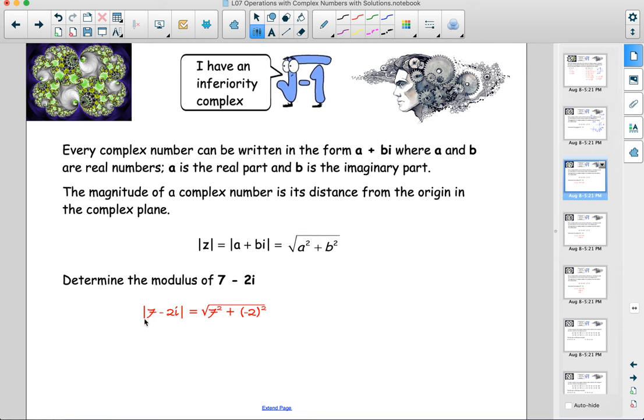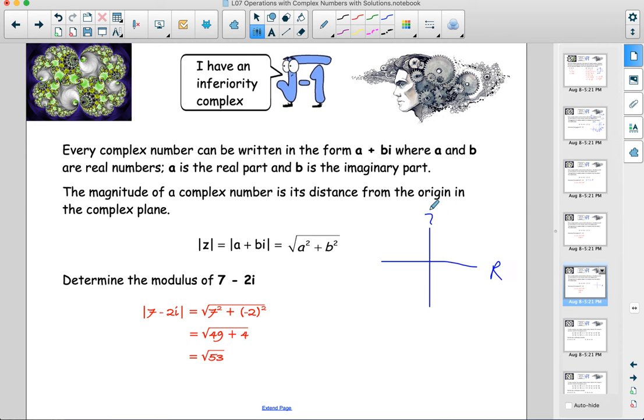So we would say the magnitude or modulus of 7 minus 2i is going to be the square root of a squared plus b squared. And of course, a is 7 and b is negative 2. So it's 7 squared plus negative 2 all squared. That's going to give us the square root of 49 plus 4, which gives us the square root of 53. So we've just reviewed again that on the complex plane, that's where you can plot.